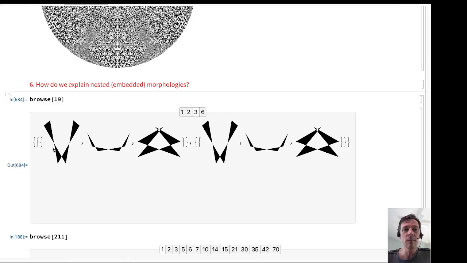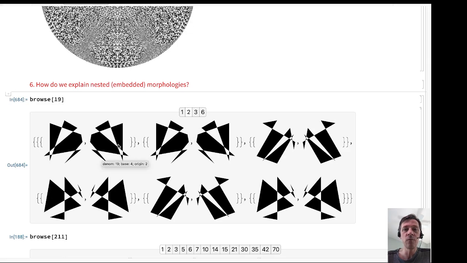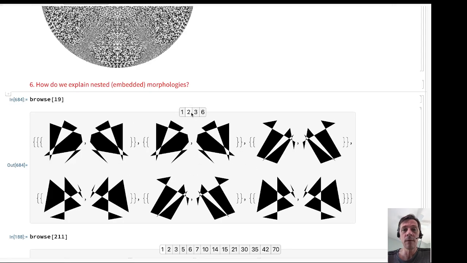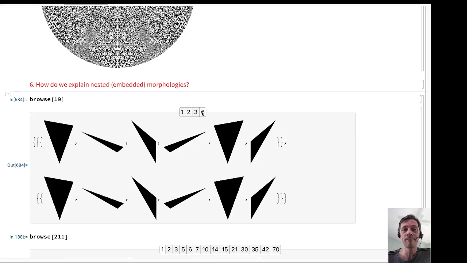This is all of the polygons that are in groups of 3. This is all the polygons in groups of 2. And this is all the polygons that are in groups of 1 in base 19. It's nice to be able to just browse them. But what you'll notice is that they always come in pairs of sets. The set of denominator 19 base 7 is the same as denominator 19 base 11.